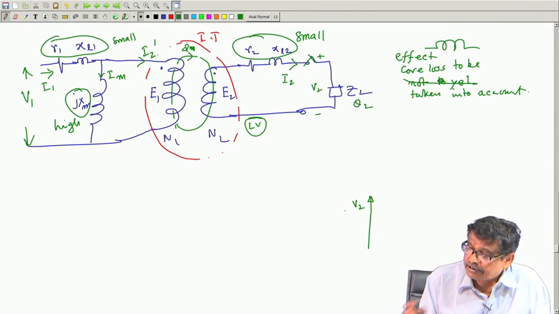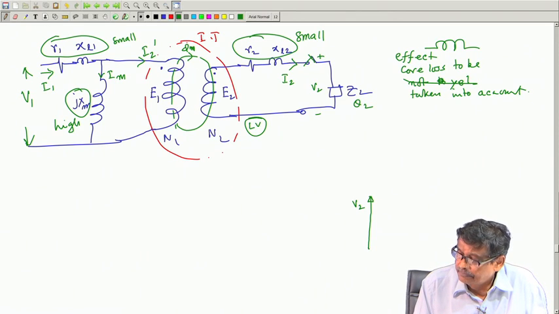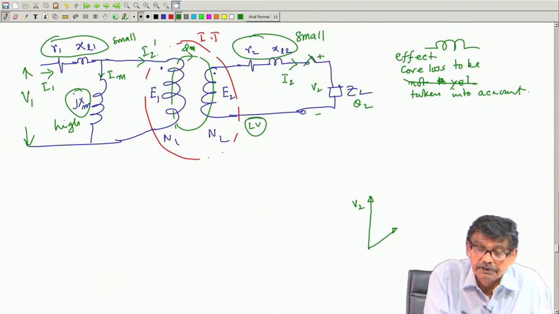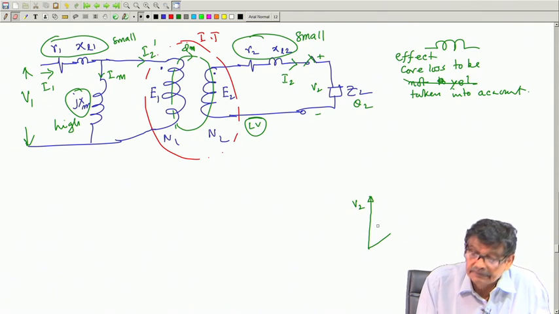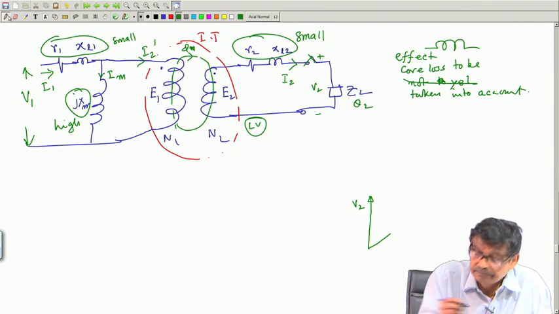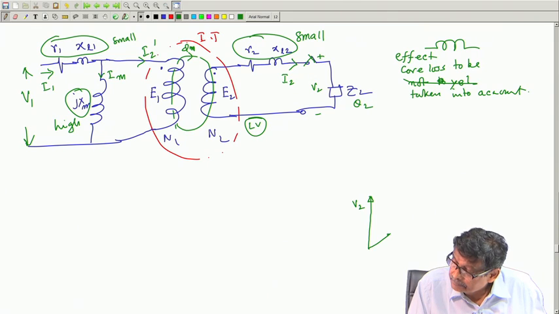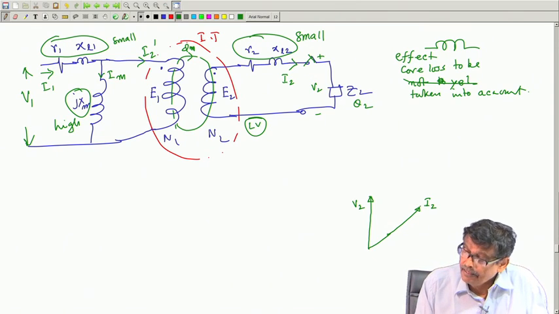I know the load power factor angle, I will sketch I2. Let me draw it larger, because the low voltage side current is higher. Suppose this is I2. All are phasors, I am not putting those bars.